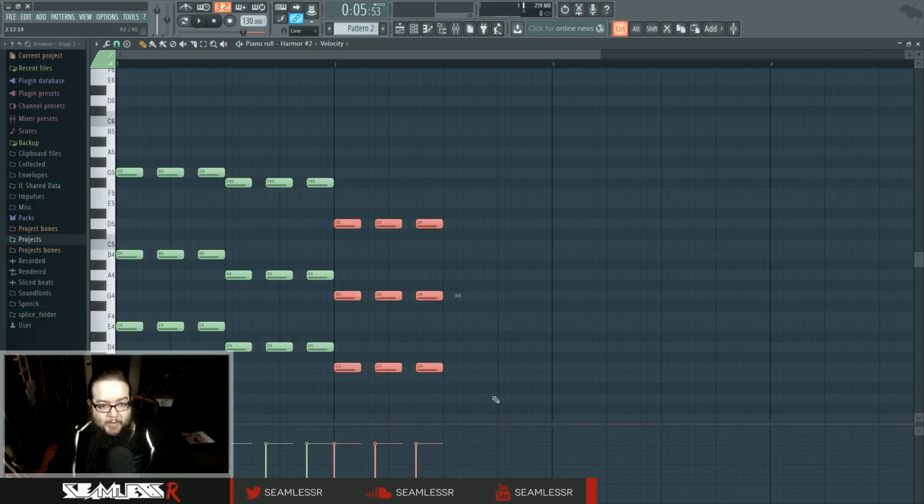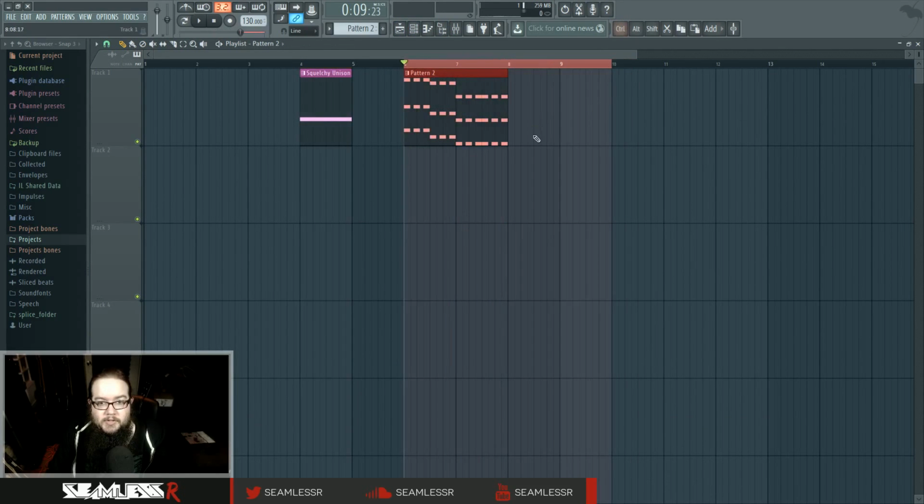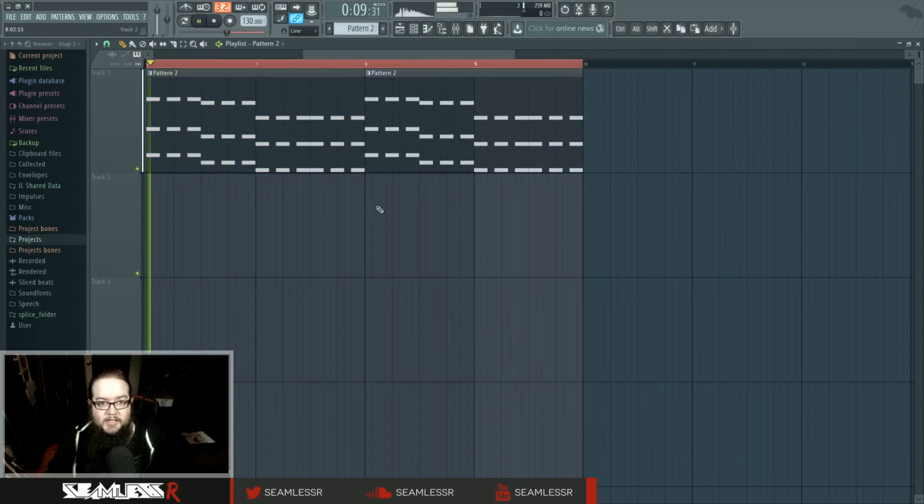So here's that exact same chord pattern that we had from the subtractive synthesis video. Let's just do a short version.